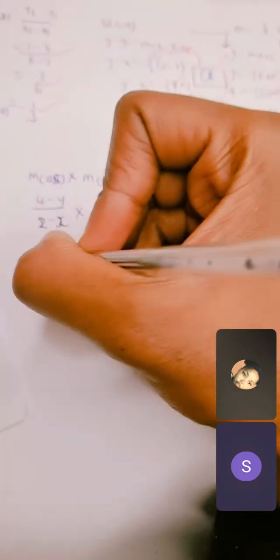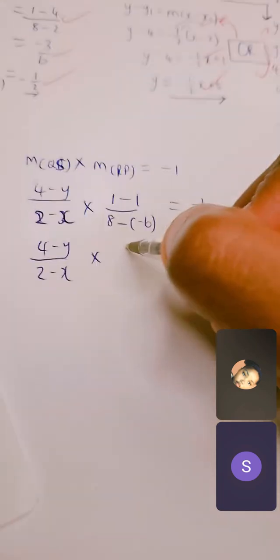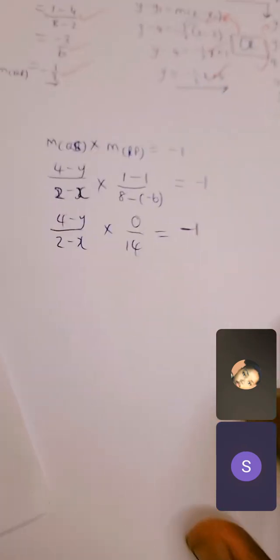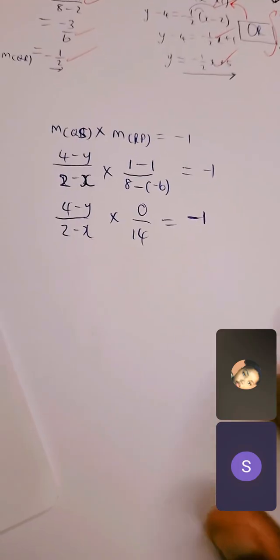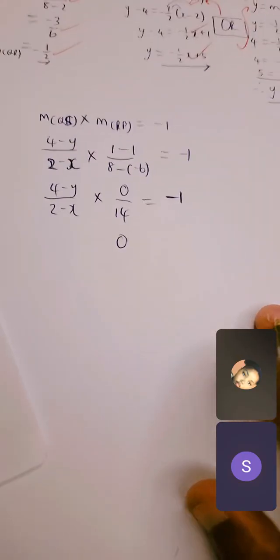Okay, so let's just do this. 4 minus y over 2 minus x times, what's 1 minus 1 there? 0. 0 over 14. This is very interesting. What's 0 divided by 14? 0.